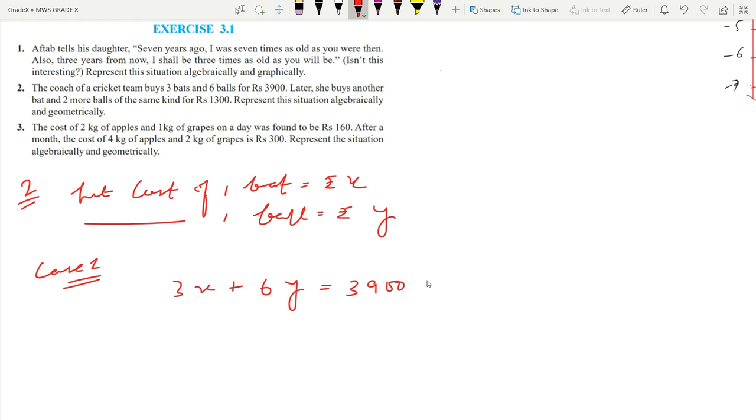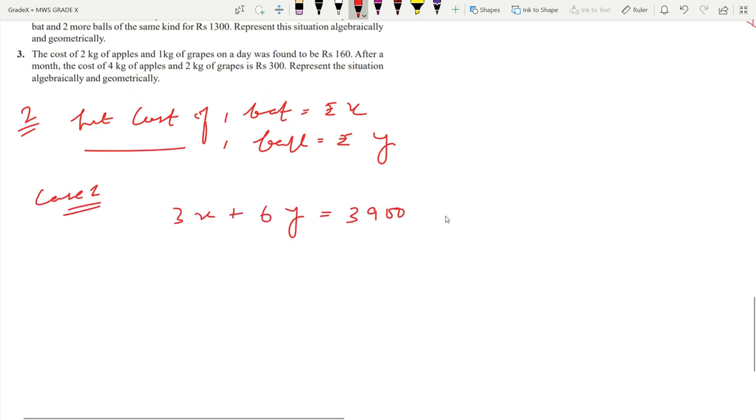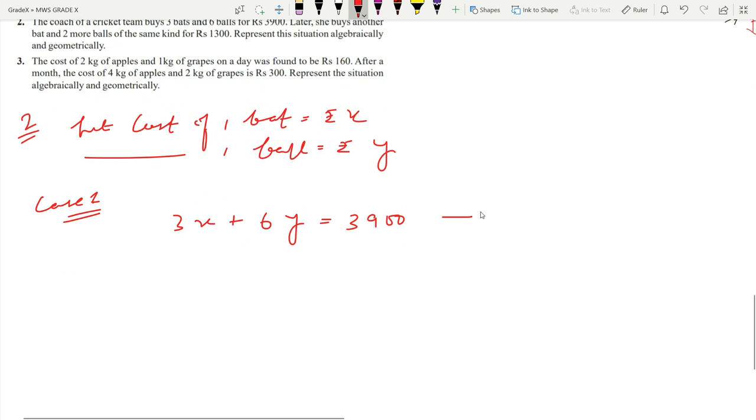This is our first equation. Now case 2: she buys another bat, means one bat only, so x, plus 2 more balls, so 2y, is equal to 1,300 rupees.